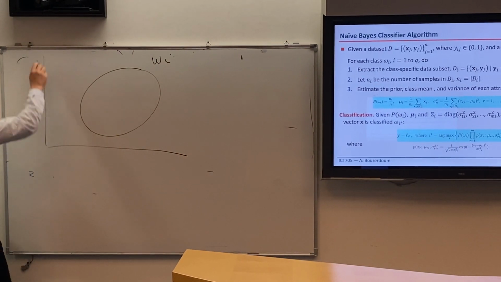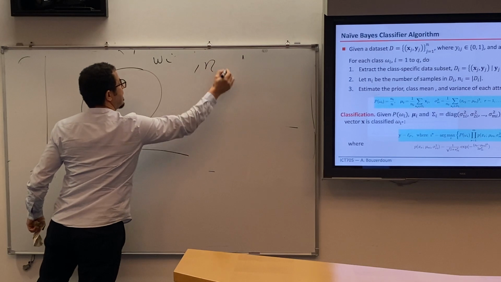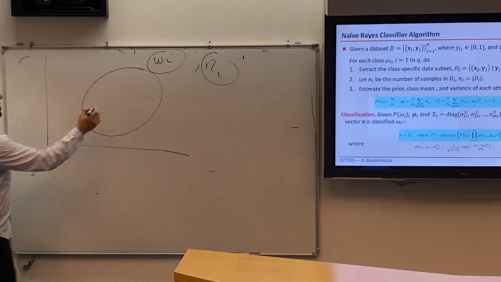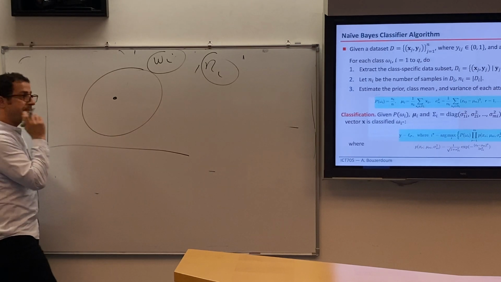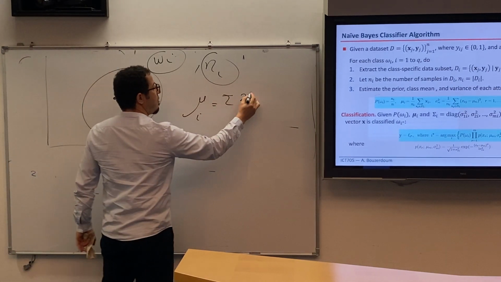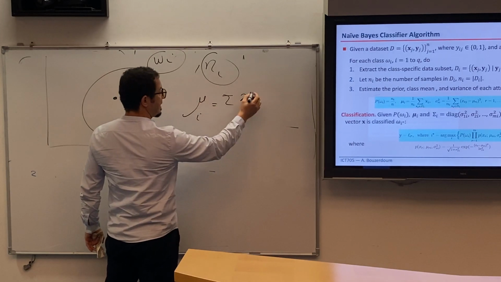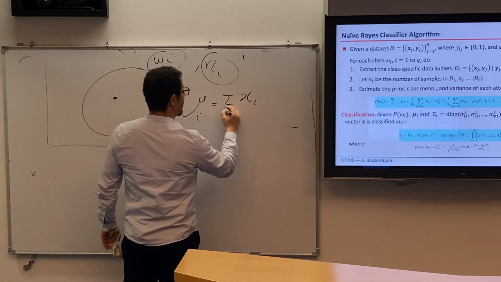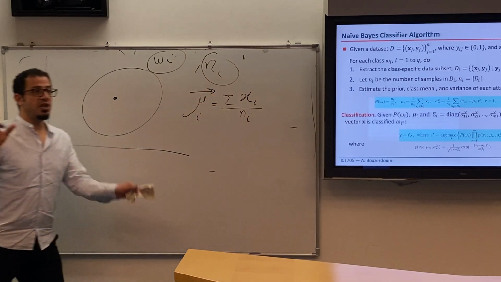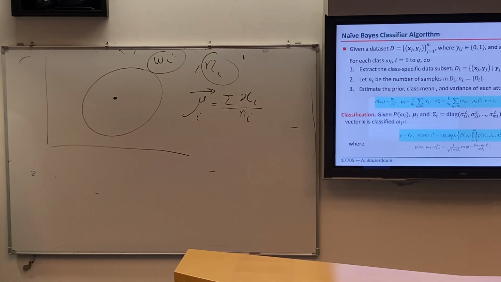How many data do we have here? Ni. Clear? Ni data inside, right? How to find the mean here, please? The mean of i is the sum of all xi divided by ni. But this is a vector, please, okay? I put this to make it a vector, or a column.